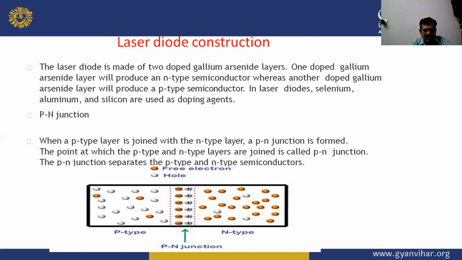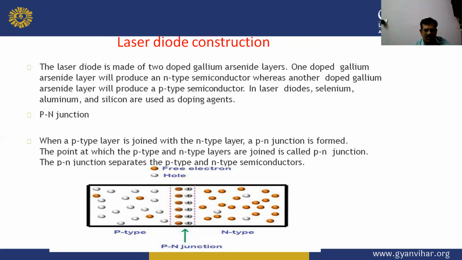In this diagram there is a p-type semiconductor and an n-type semiconductor. They are joined to each other, and after joining, a junction forms between them, and a depletion layer also generates across the junction.